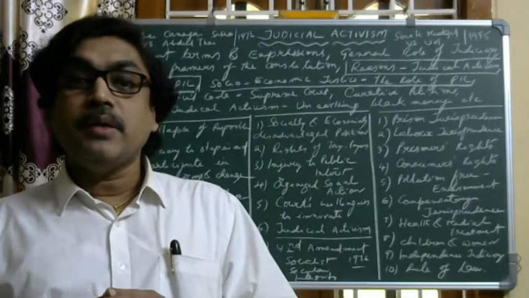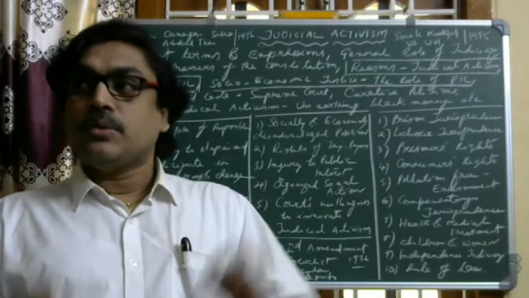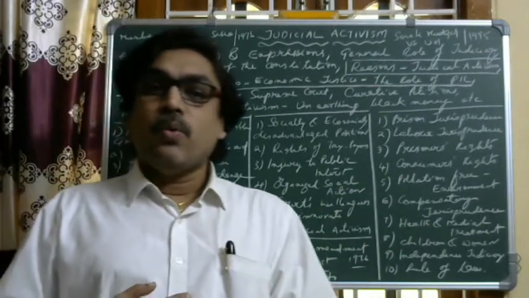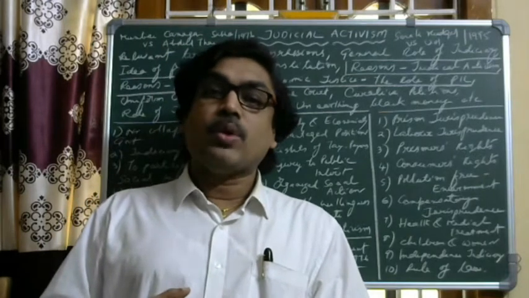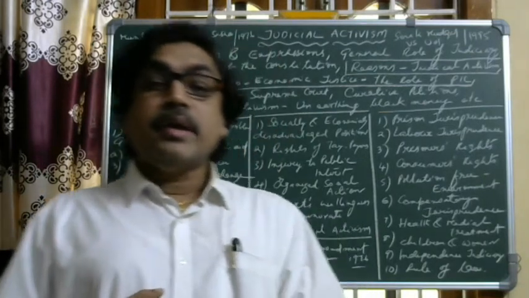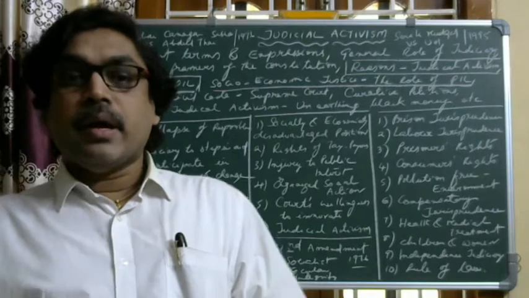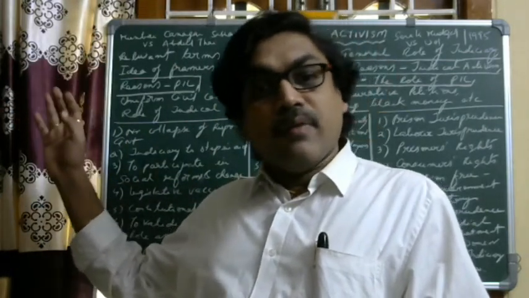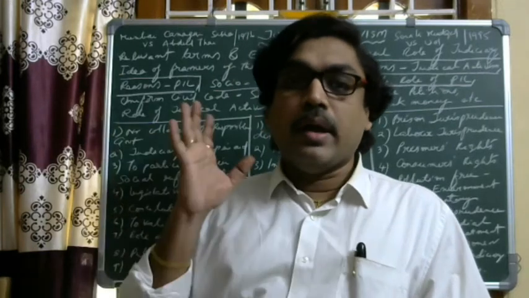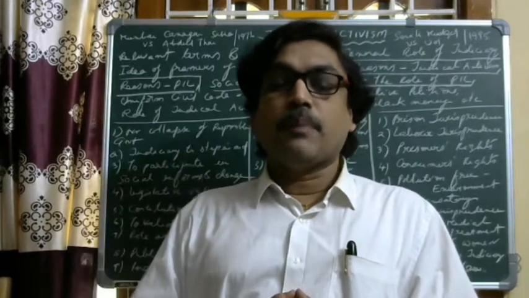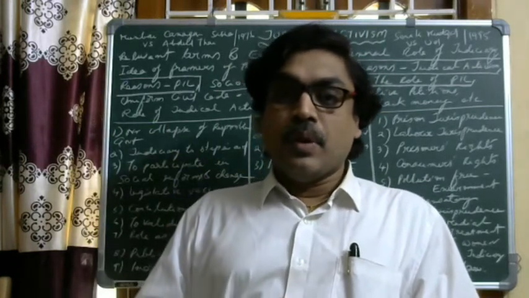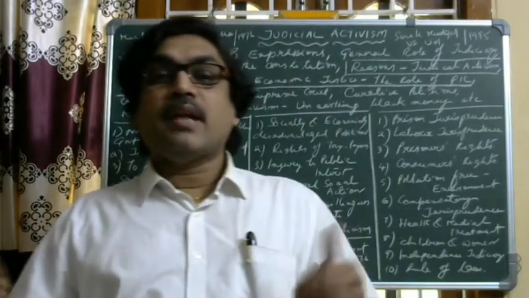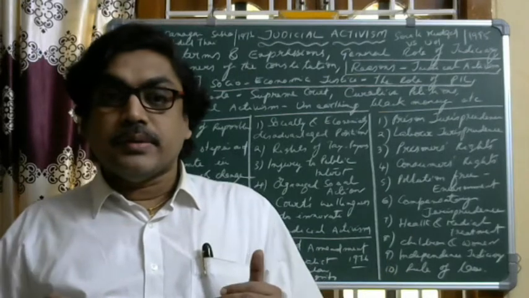So, very firstly, the public interest litigation system was introduced in the Supreme Court of India in the year 1976 by the case Mumbai Kamagar Sabha versus Abdul Thai. So, this is the difference between a writ petition and public interest litigation.